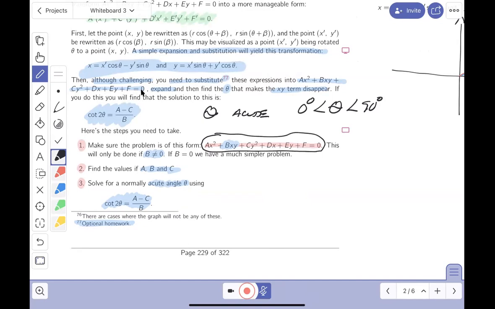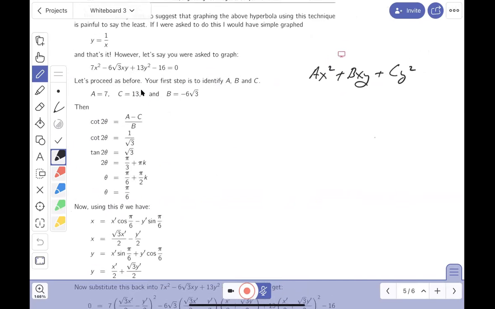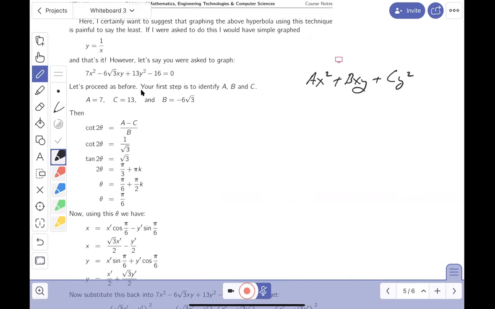Now someone says, what do you mean is it in that form? I'm looking at it, but what I really need to identify is the A, C, and the B. So let's go back to that. My question is, do I know what the A is looking at that form? I'm thankful it is. I know what the A is immediately. What's the A?